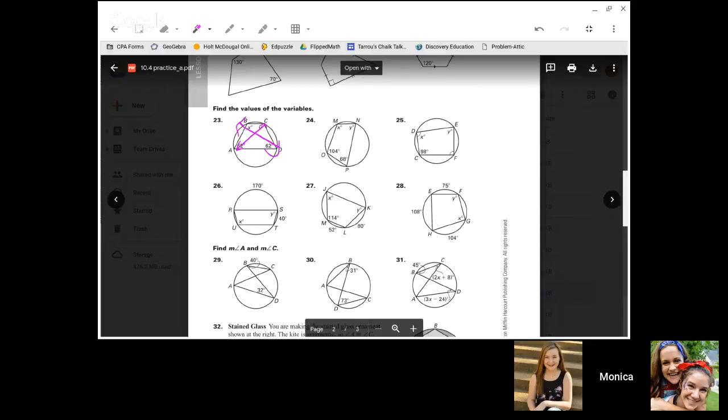Okay, so for 25, you know that the two angles have to add up to 180, right? So what do we know about this one and this one, those two angles? Well, yeah, they do have to set equal to 180, but what do those little marks in those angles mean?